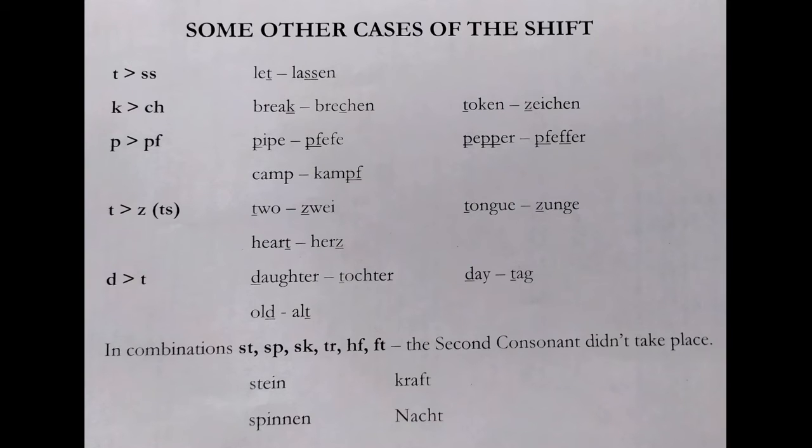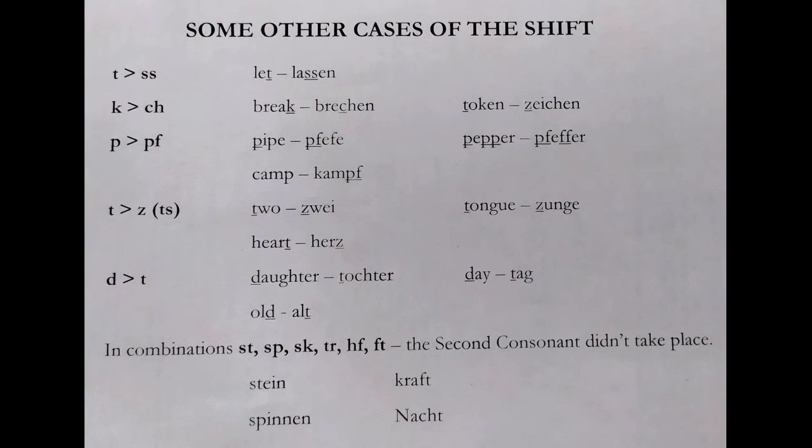In combinations SP, ST, SK, TR, HF, FT, the second consonant shift did not take place. For example, the word Stein. If there were a second consonant shift, it would change. But this did not change.